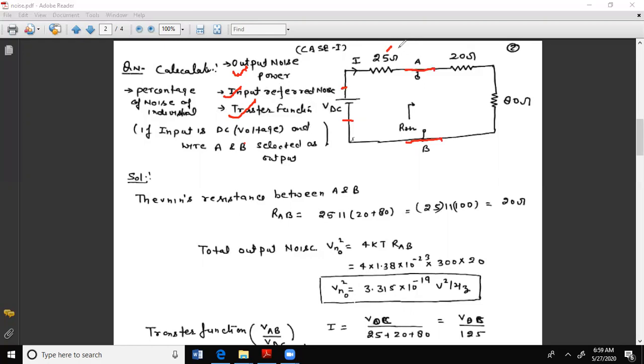What is the noise due to the 25 ohm, due to the 20 ohm and due to the 80 ohm? So which is the main source of the noise.